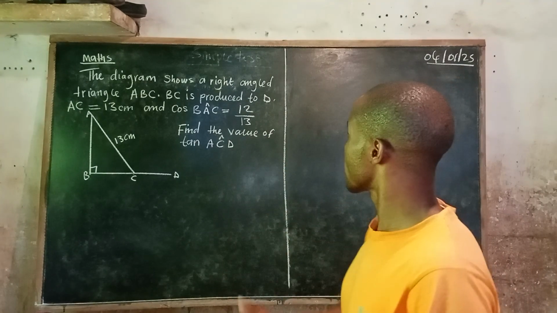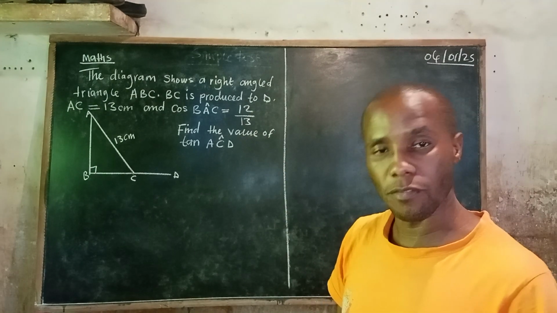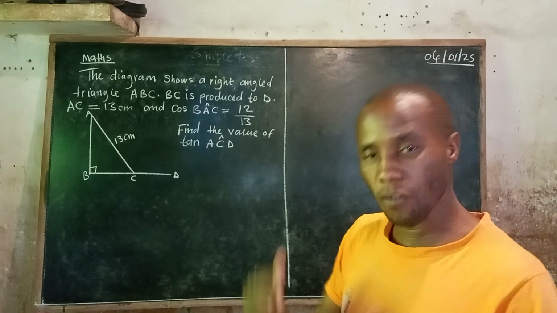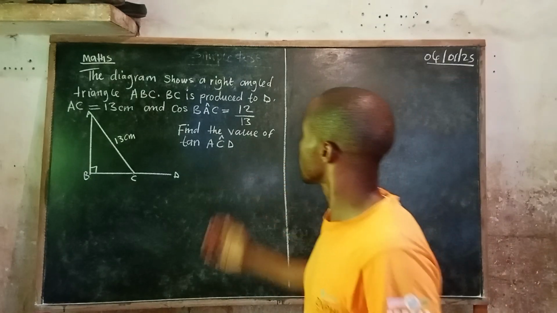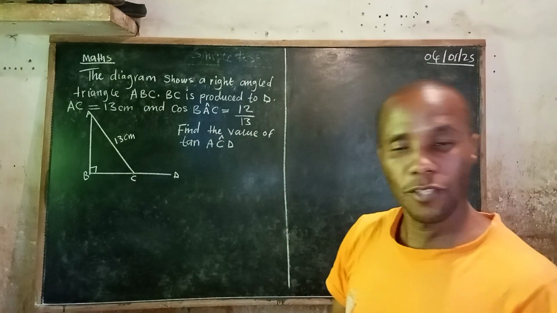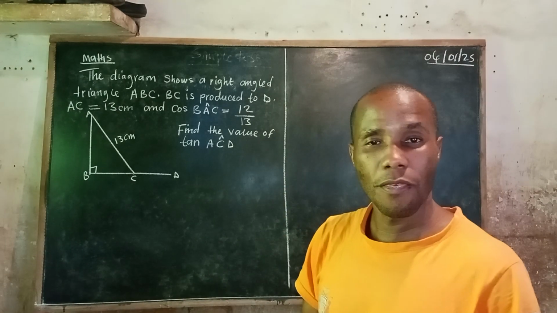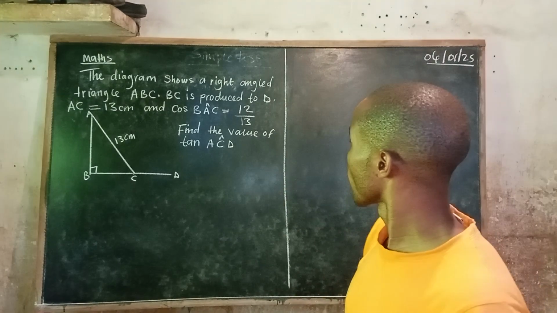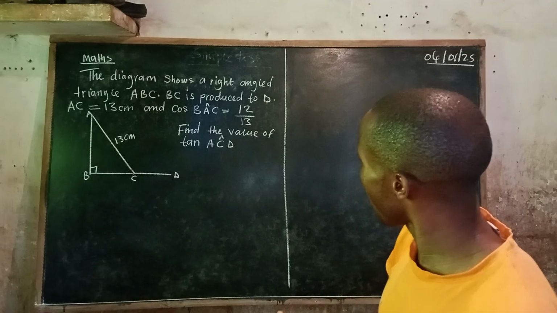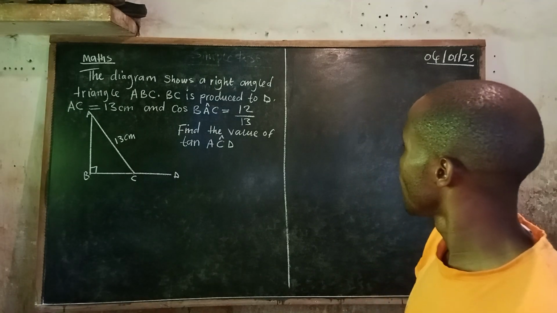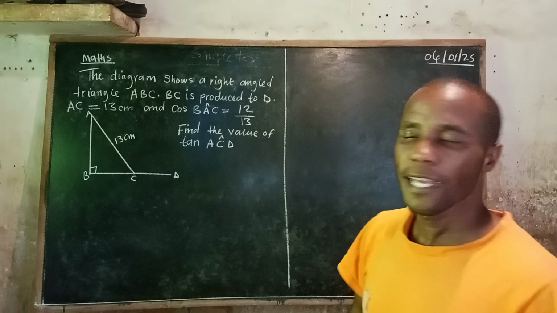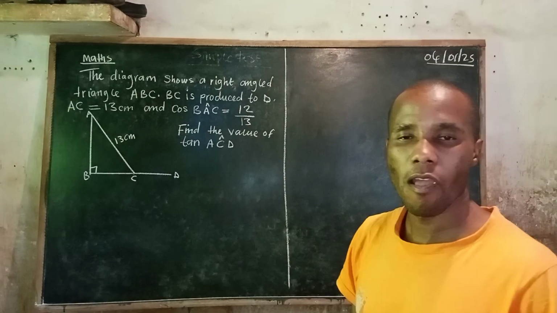So this question is coming from trigonometry. Having it in your mind that the question is coming from trigonometry, it will be very easy for you to actually work out this particular question. So how can we find the value of tan ACD?